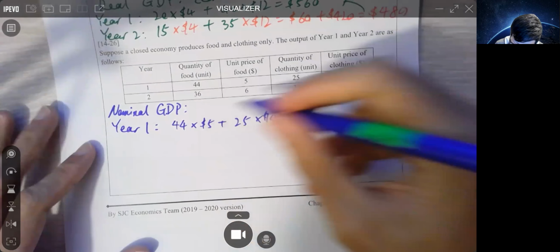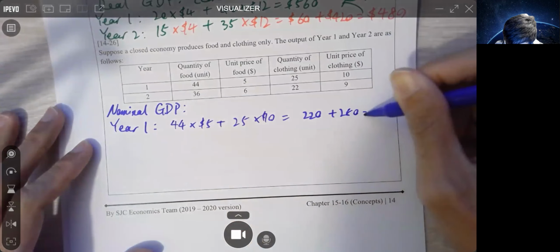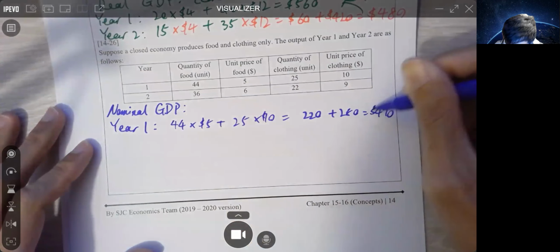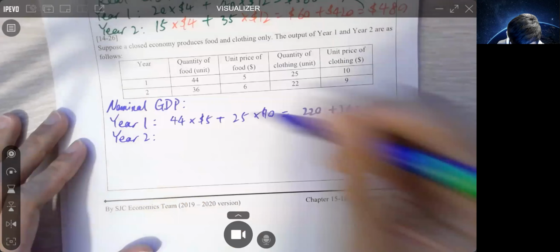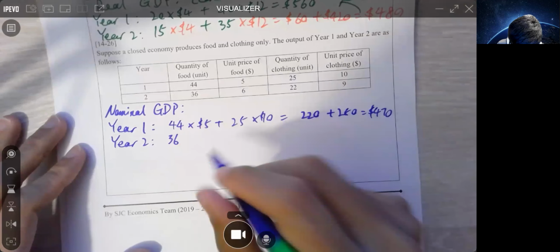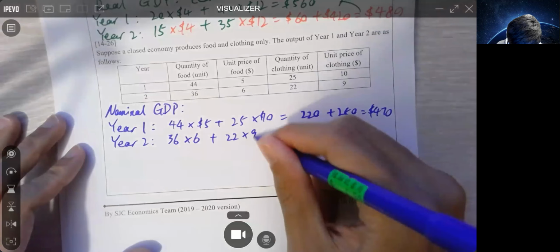That would give us 220 plus 250, 470. Okay, what about year 2? Year 2, 36 times 6 plus 22 times 9.